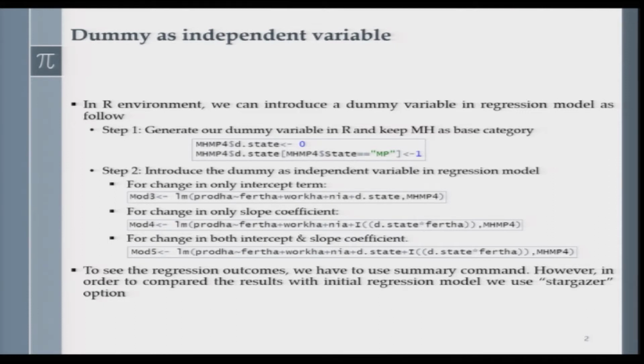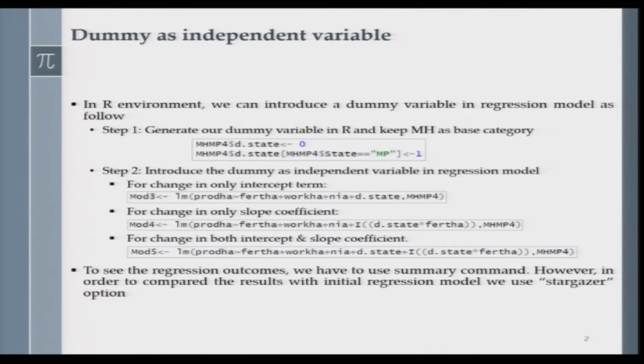Finally, we incorporate the dummy variable d.state, and as you see, this dummy variable is not interacting with any of the continuous regressors in the model, so we are talking about an expected change in the intercept term only.